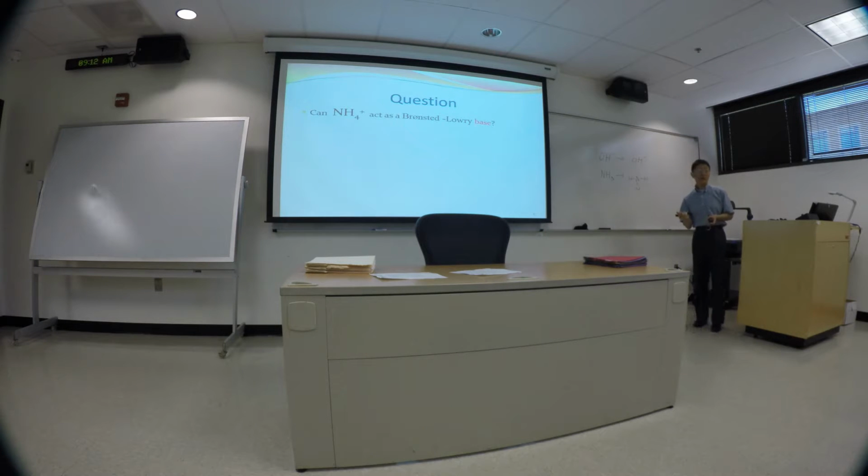Okay. So the definition here is that now if you have ammonium NH4+, or if you draw the Lewis structure for NH4+, you ask, why does it bear a positive charge there?